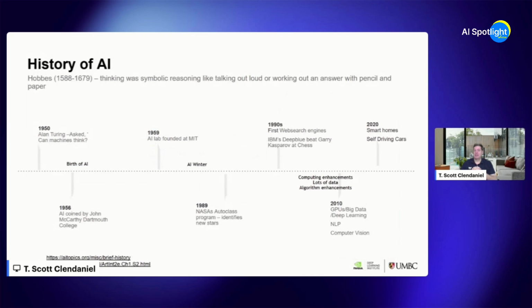Natural language processing and computer vision all came together. And by 2020, we're supposed to have smart homes and self-driving cars, but if you want to be really cool when you're applying, we refer to them as autonomous vehicles as opposed to self-driving cars for some reason.